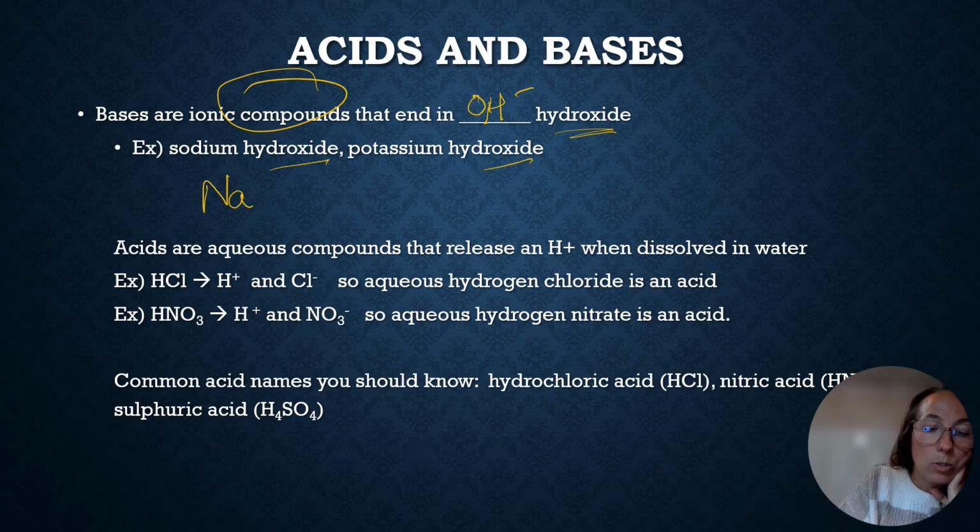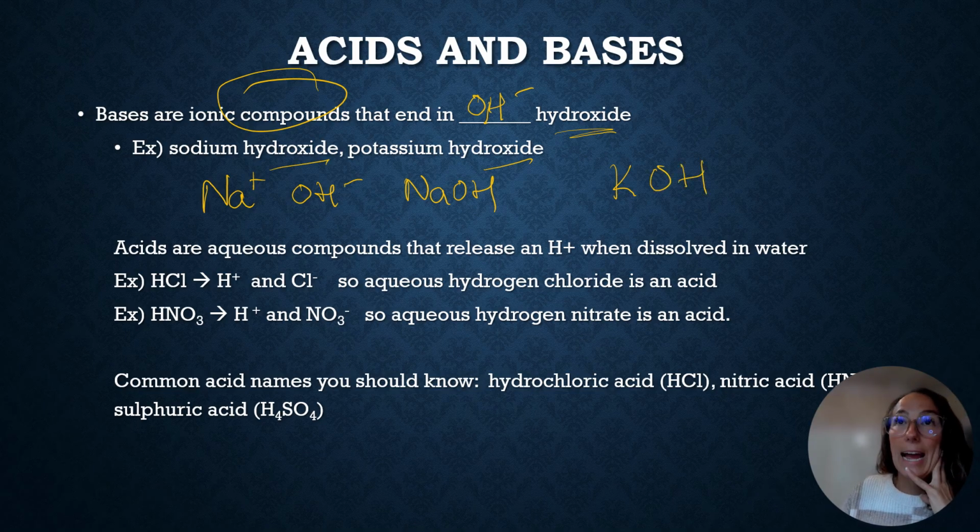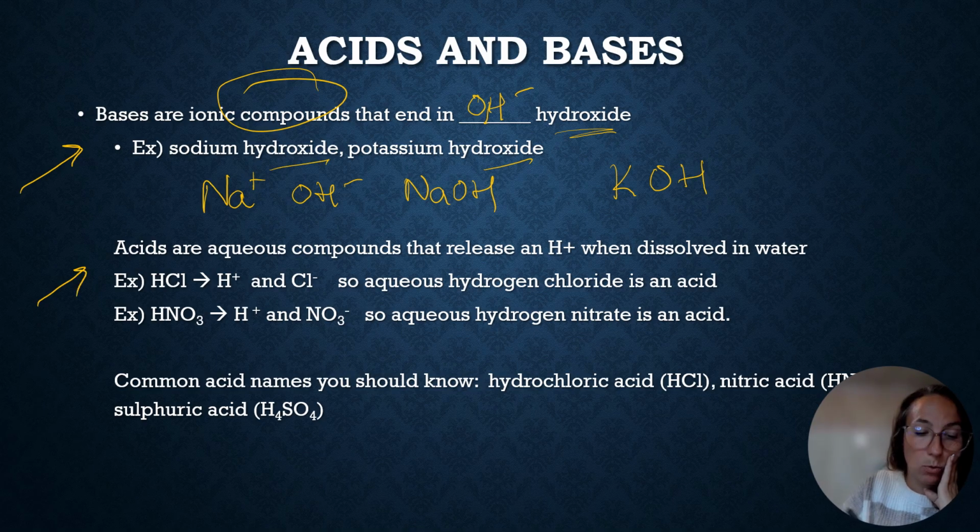And the symbols would be, just like we did for ionic compounds, that's the sodium ion, that's the hydroxide ion, and therefore putting them together, I get NaOH. Potassium hydroxide would be K plus and OH minus, so KOH. Acids are aqueous, and they're going to have an H plus to them.